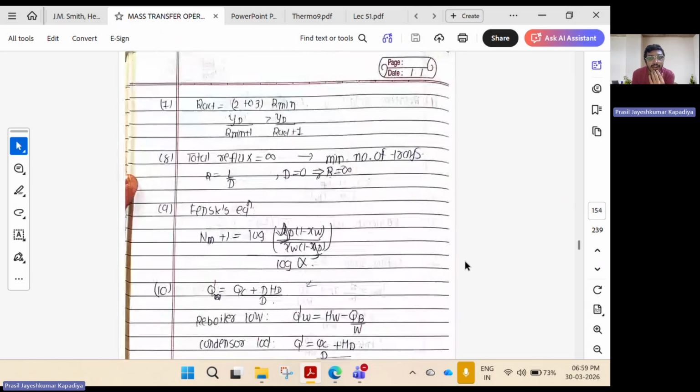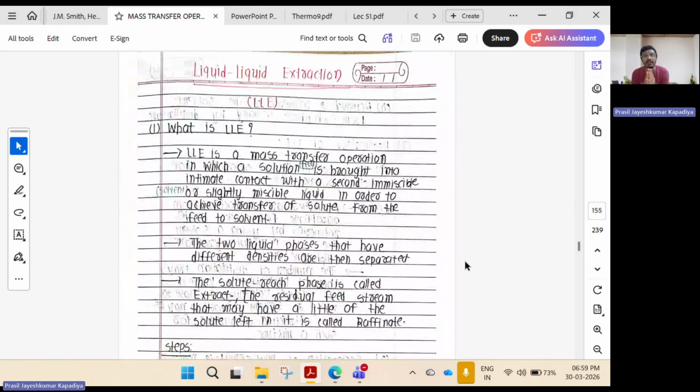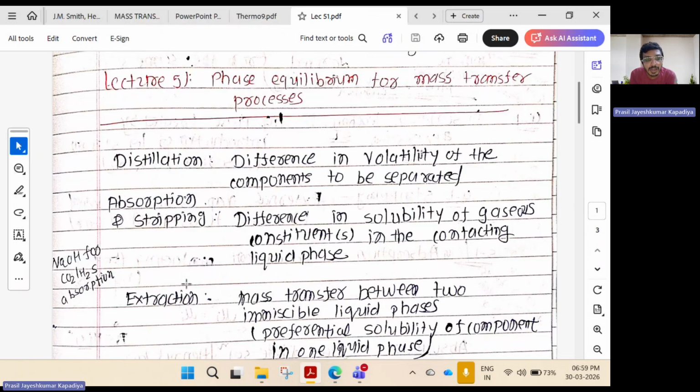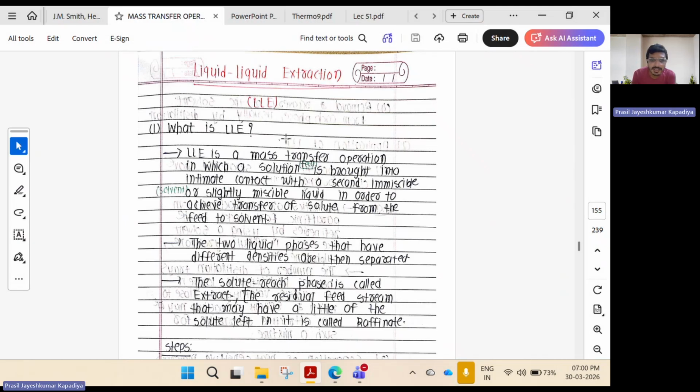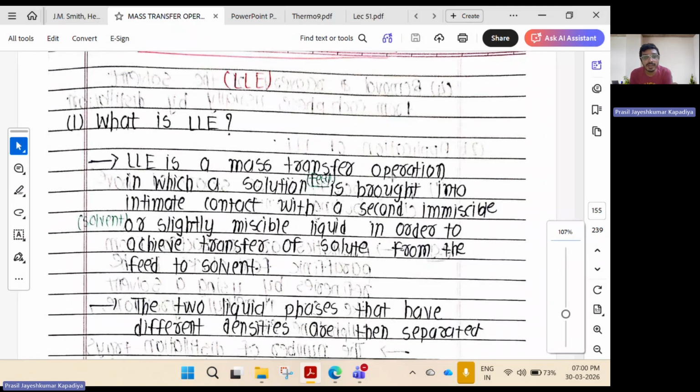Now, the second important thing is where we have liquid-liquid equilibrium. So where do we use liquid-liquid equilibrium? That is basically called liquid-liquid extraction or just extraction. So we are doing mass transfer between two immiscible liquid phases. Liquid-liquid extraction is a mass transfer operation in which a solution is brought into intimate contact with a second immiscible or slightly miscible liquid.